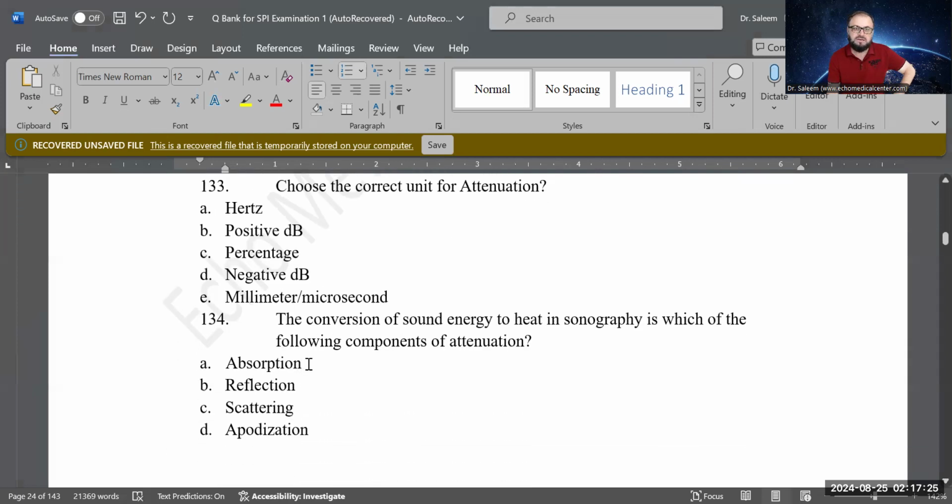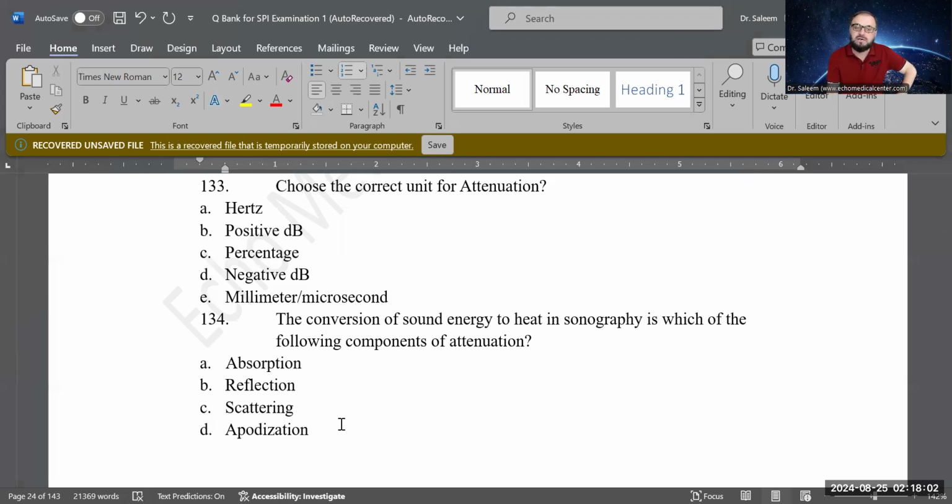Okay, next question. It's asking, the conversion of sound energy to heat in sonography is which of the following components of attenuation? Attenuation has different components: absorption, reflection, scattering, and backscattering also. Which option is correct for the component that converts sound energy to heat?